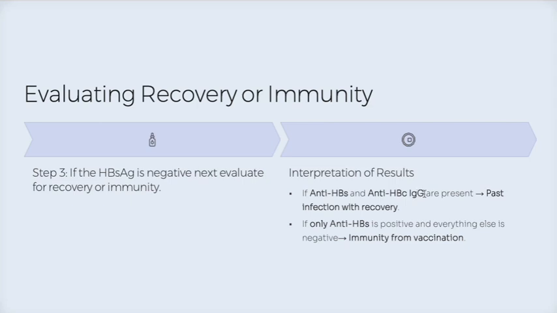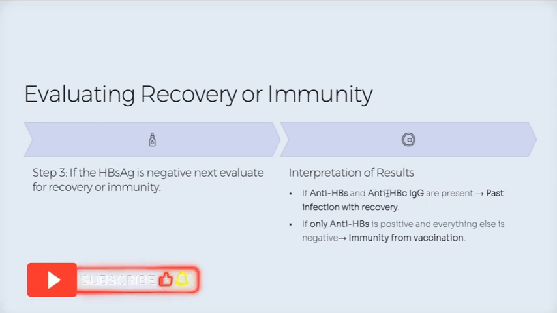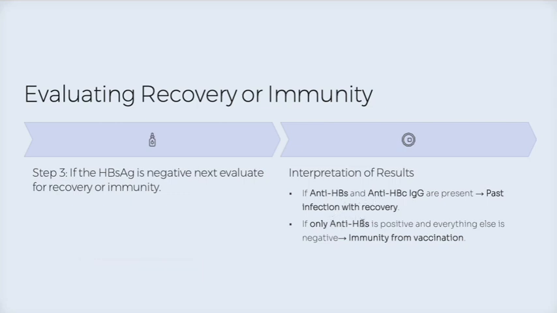If they only mention that anti-HBs is positive and everything else is negative, that is immunity from vaccination. So HBsAg is negative, look at the next two: anti-HBs, anti-sick, and anti-HBc IgG. If they're both positive, you're dealing with a past infection with recovery. If only anti-HBs is positive, this is immunity from vaccination.